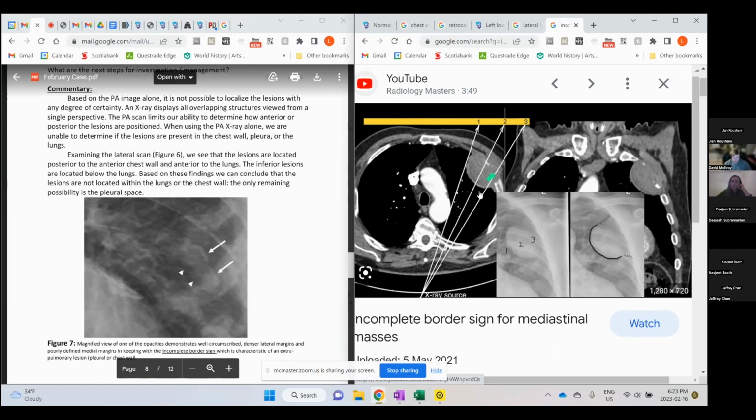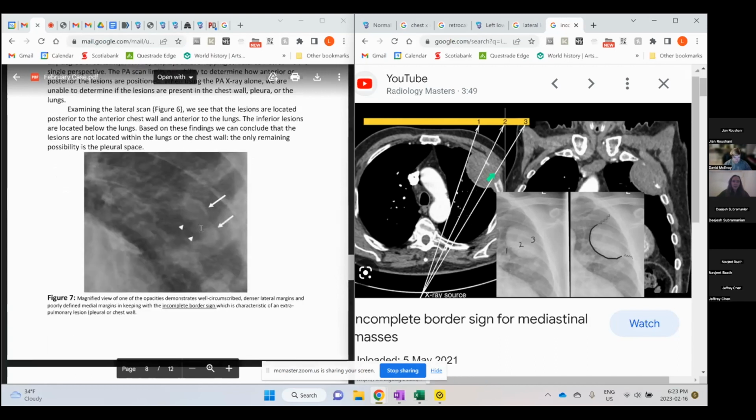Beam number 3 doesn't really have an interface with the lung, so it doesn't have a border on that side. If it was in the middle of the lung, like here, it would be perfectly circumscribed, but it's not. So that's something we sometimes use to say if something is extrapulmonary.